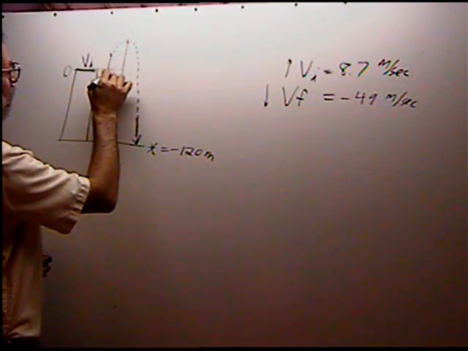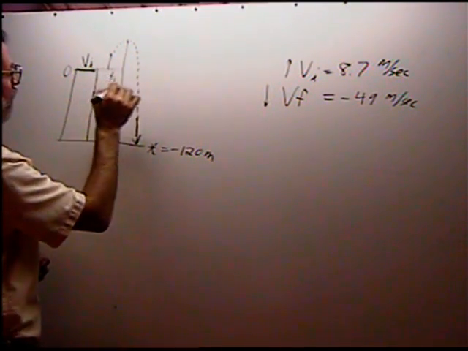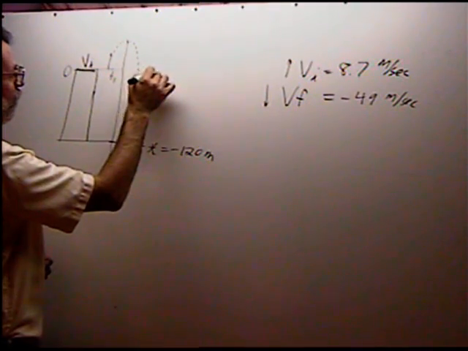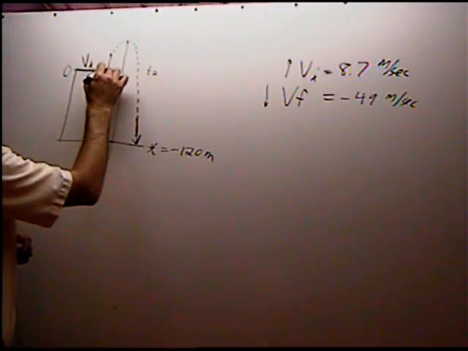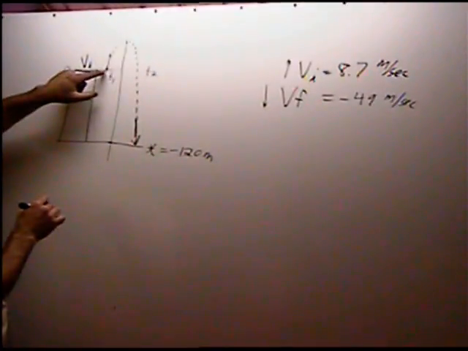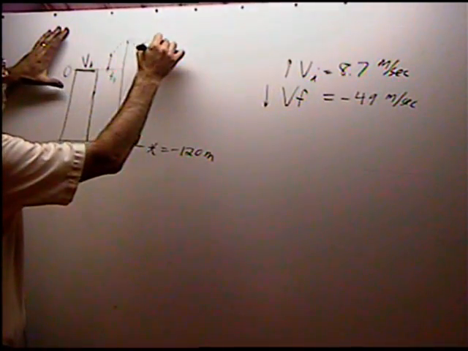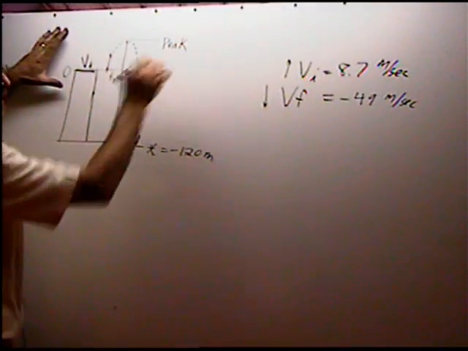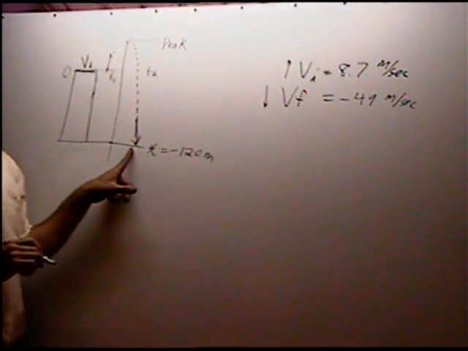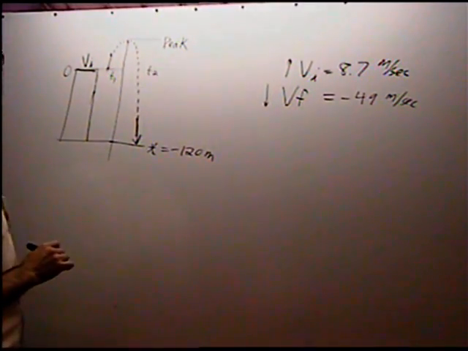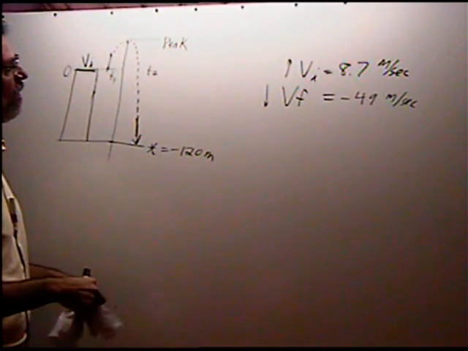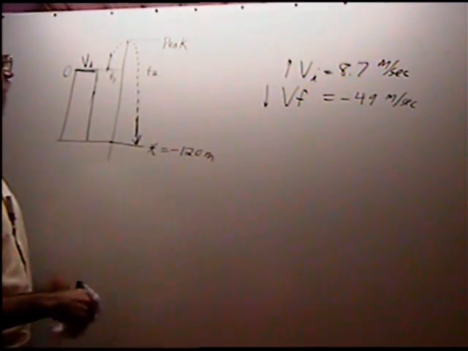We have T1 and then T2. T1 will be the time from when it's initially launched up to the peak, and then T2 would be from the peak down to the very bottom. Okay? How do we solve for T1 and T2?